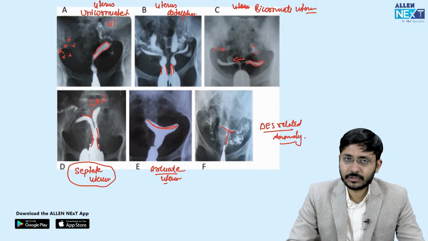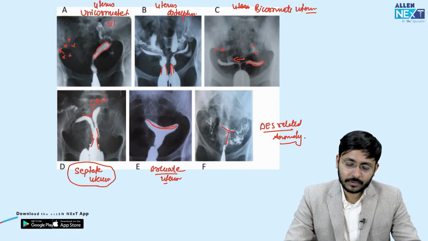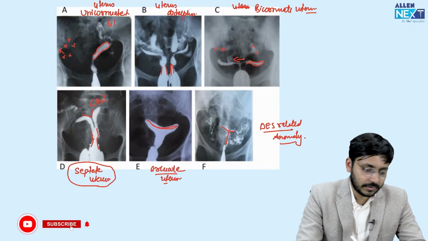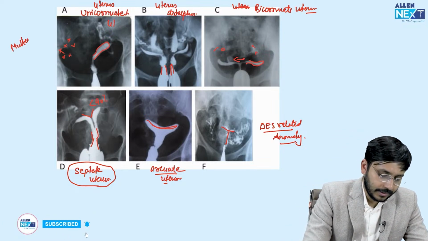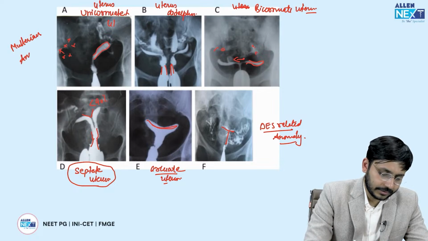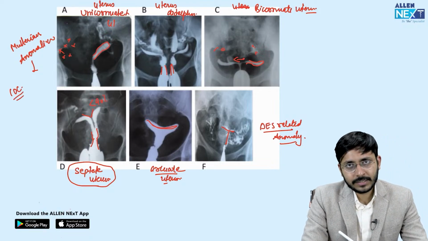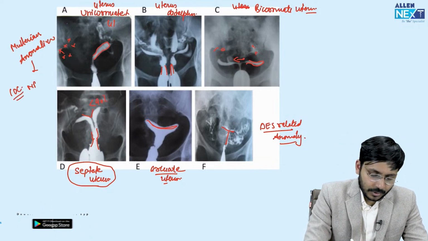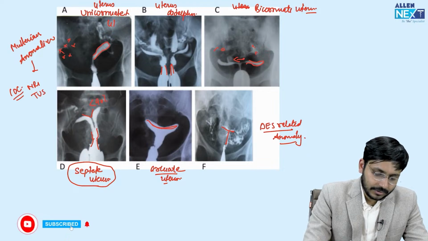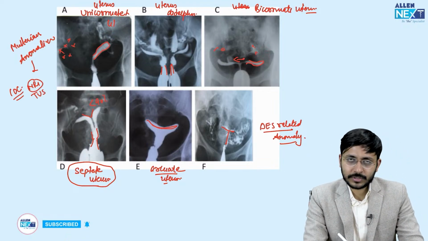Diethylstilbestrol related anomaly of the uterus. So this is the classification of Mullerian anomalies. Now, if you're asked investigation of choice for Mullerian anomalies, and you are given the option of MRI and TVS, choose MRI.